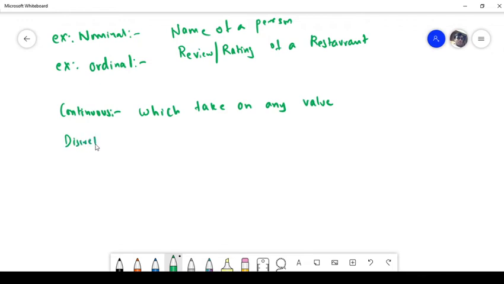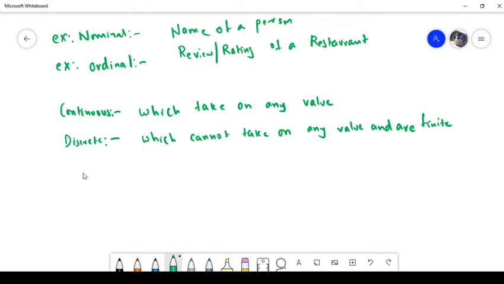Discrete. Discrete data is another kind of quantitative data which cannot take on any value and is finite.